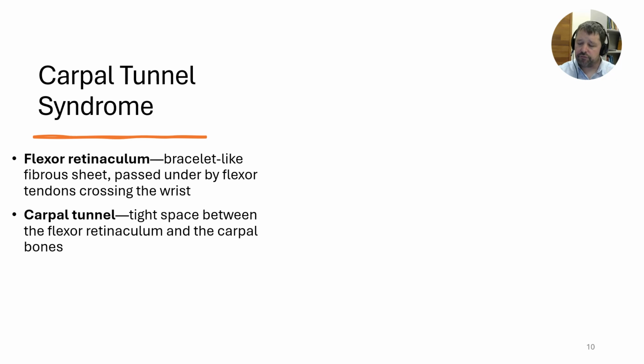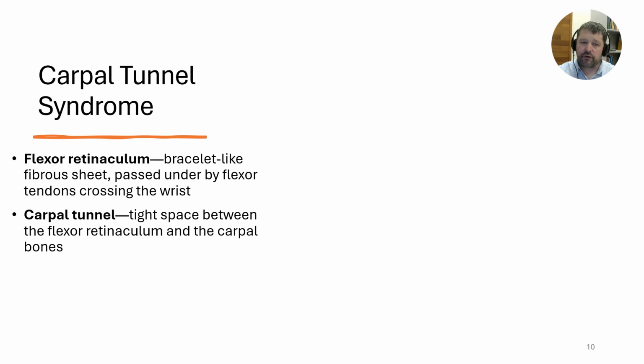Okay, so it's a fibrous sheet that crosses over the wrist. And so you have tendons that run underneath that, flexor tendons that run underneath that flexor reticulum. And that space is called the carpal tunnel.